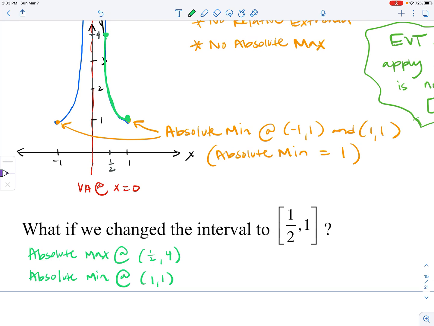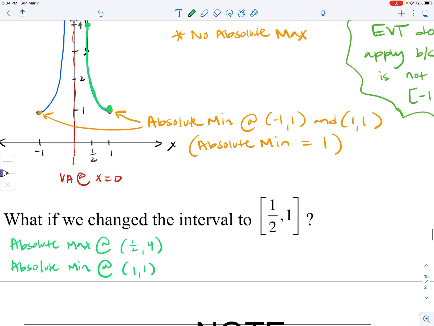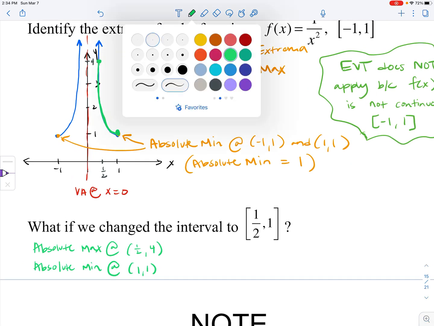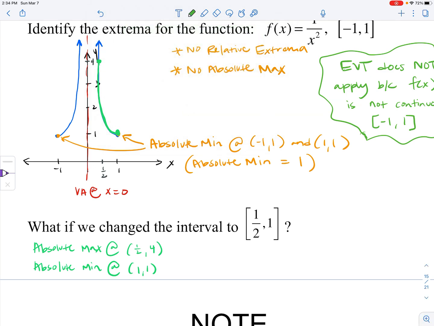So we have an absolute max and absolute min, and we know that was guaranteed because on the closed interval from 1/2 to 1, the function 1 over x squared is continuous. Therefore, the extreme value theorem would apply for that example.